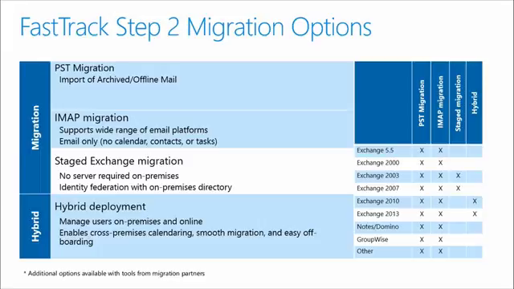Yep. And then we get to stage migration, and you see there it's supported for 2003 and 2007. And that stage migration doesn't require on-premises architecture, and identity federation with on-premises directory is what it really requires. It requires that AD to be able to populate the GAL so that we can have the users to move them on board.